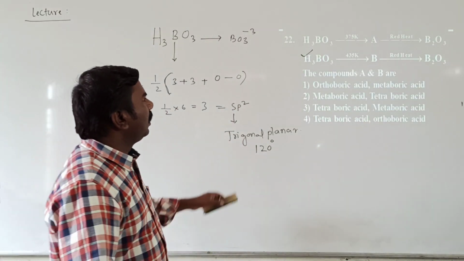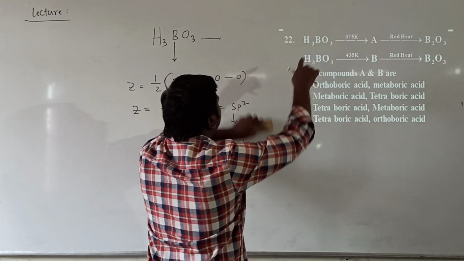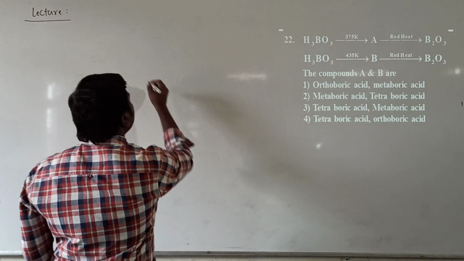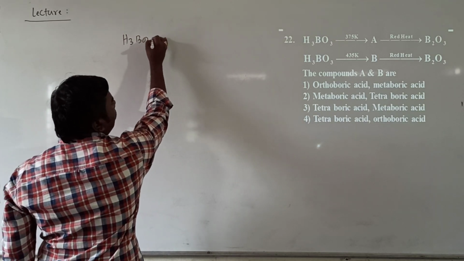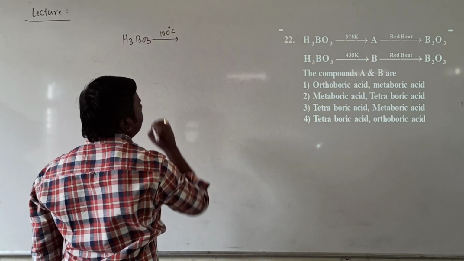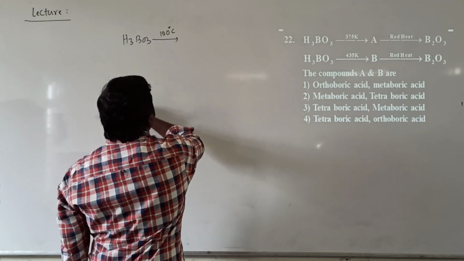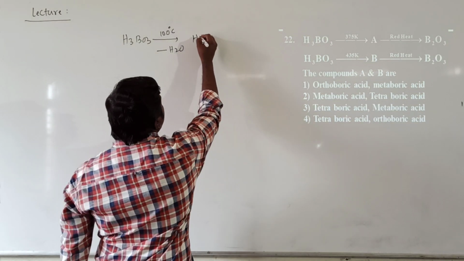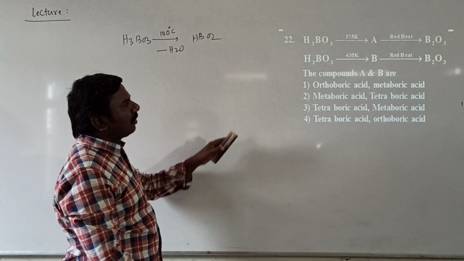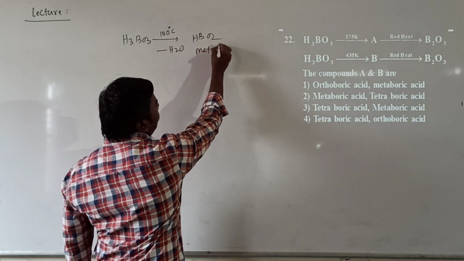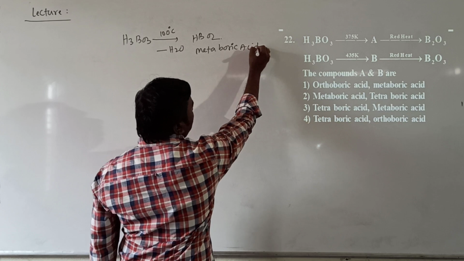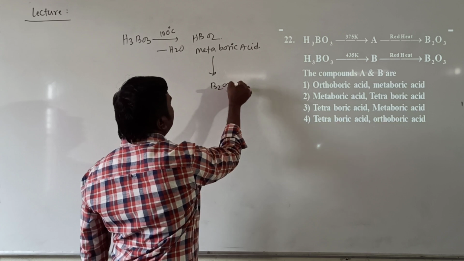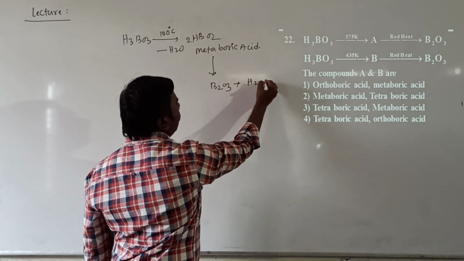Next. H3BO3 at 375 kelvins, around 100 degrees Celsius, loses water: 2 hydrogens go, one is left, giving HBO2 plus H2O. It is called metaboric acid. On further heating you get B2O3 plus water.